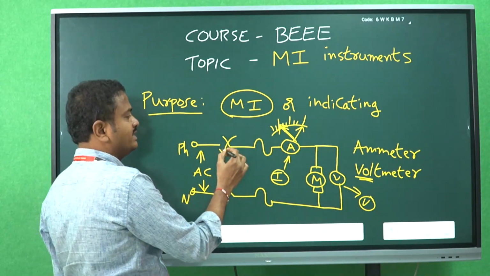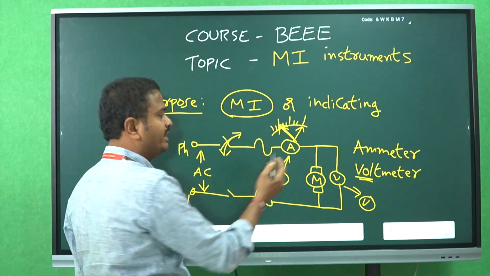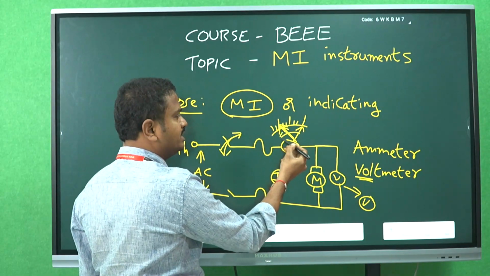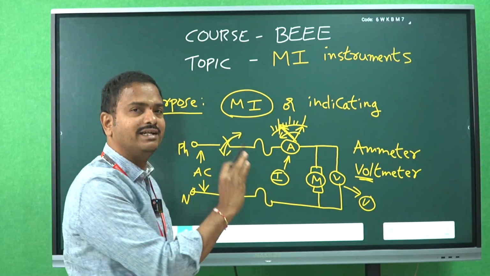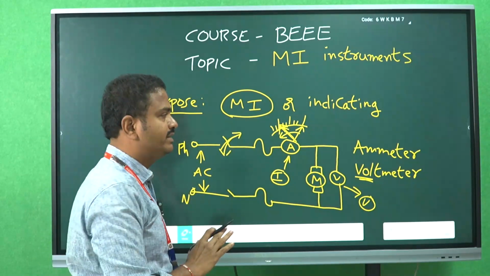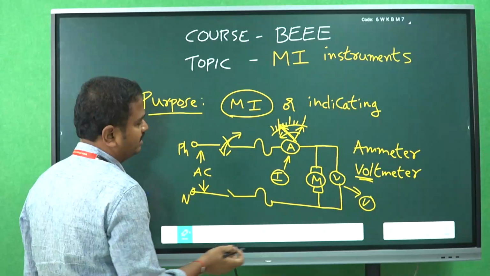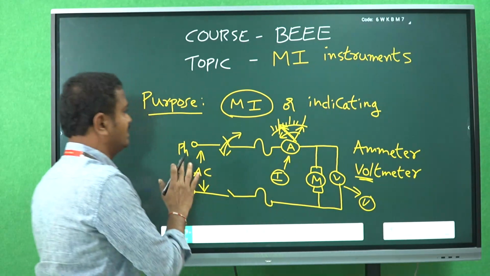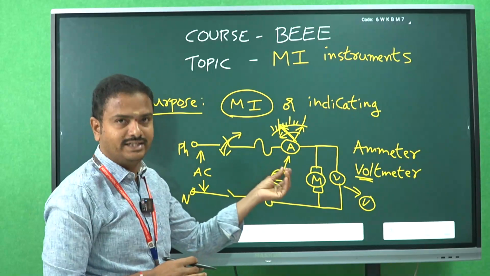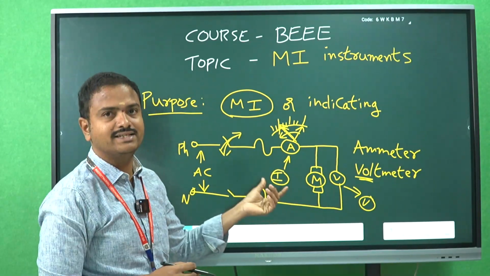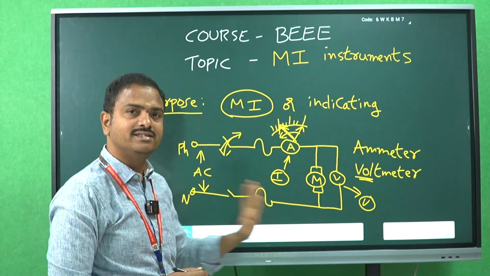Whenever the switch is turned off, the pointer immediately moves to zero. Clear? So indicating instruments only indicate instantaneous values, not previous outputs. So this is the purpose: MI instruments are used to measure electrical quantities like current and voltage in a circuit whenever they are connected in the circuit.